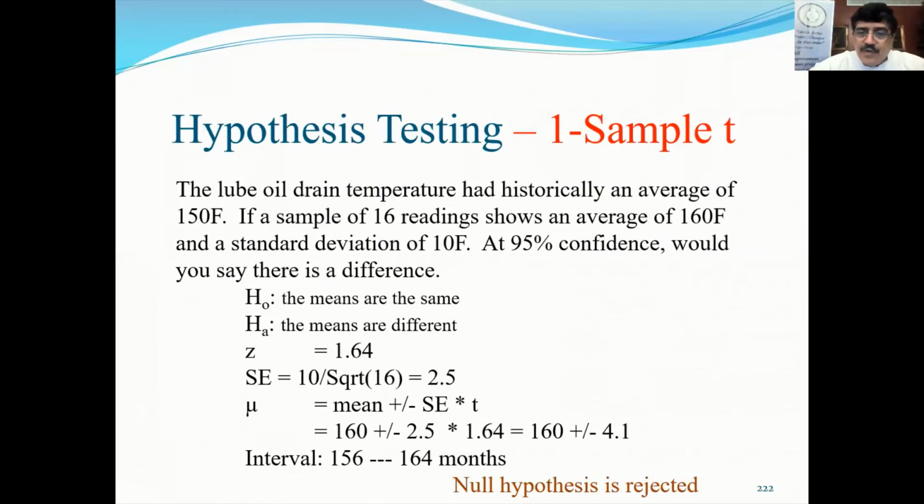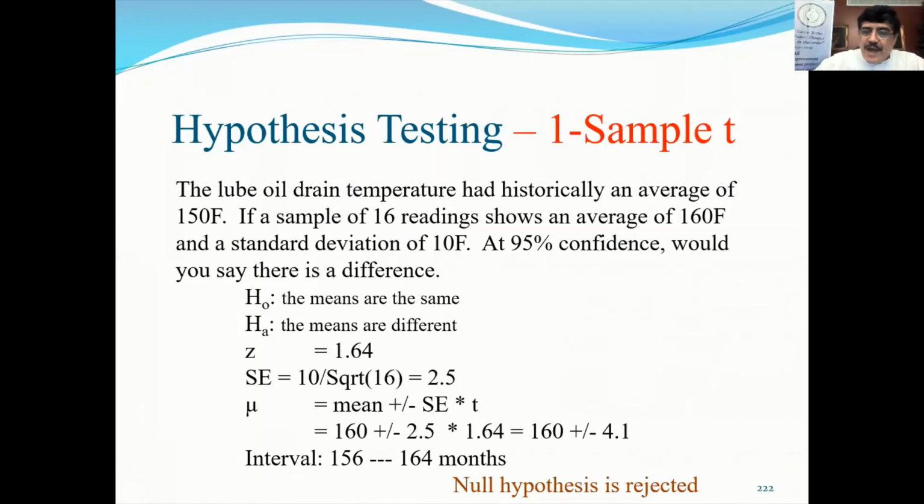You calculate 2.5 times 1.64, subtract it from 160 and you get a value of 156, and add the same value to 160 and you get 164. So what are we saying here? You're saying I am 95% confident that the new process has a range, basically a confidence interval, between 156 and 164.